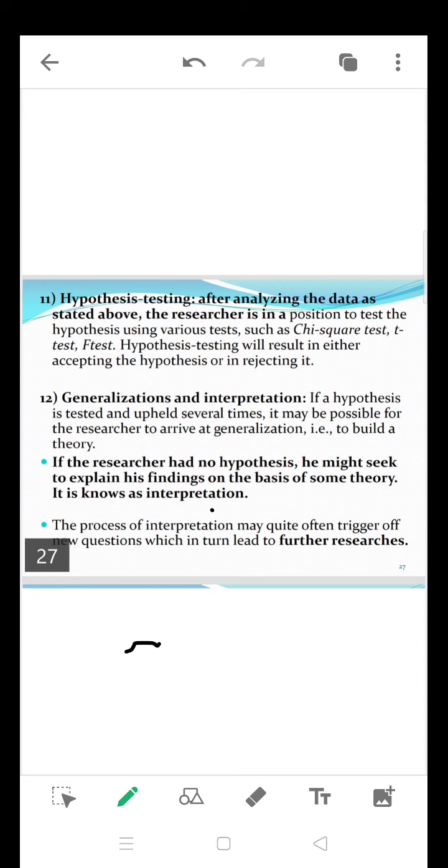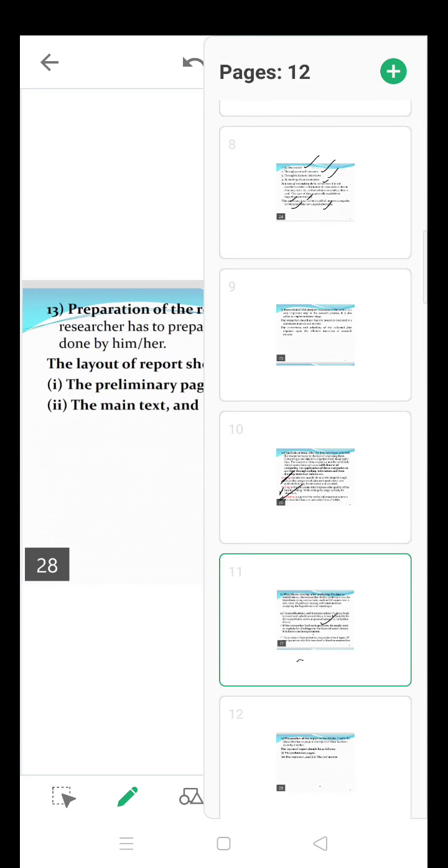So you need to explain what exactly the outcome of a statistical tool is, whether it shows a relationship or not, and whether it is proving or disproving a hypothesis statement. Everything is done in generalization and interpretation.